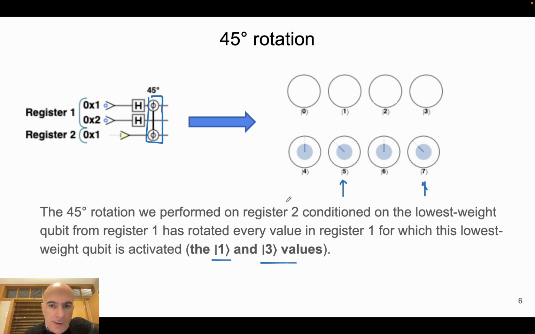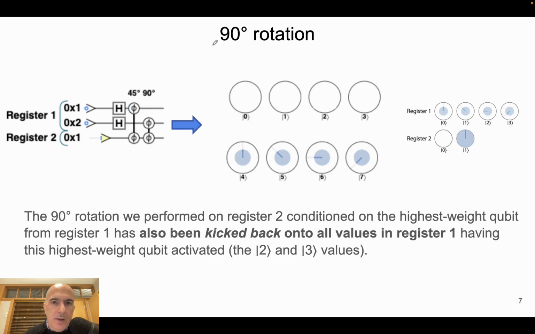All right, so this is for the values 1 and 3 of register 1, where the binary notation has 1 in the selected position. Those are the selected ones. Then we apply another rotation. In this case, we use a different control qubit, and also we change the phase.